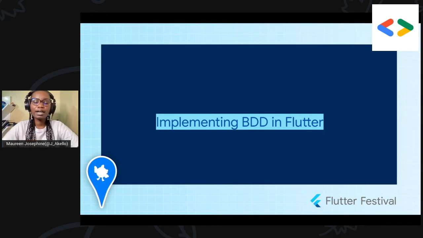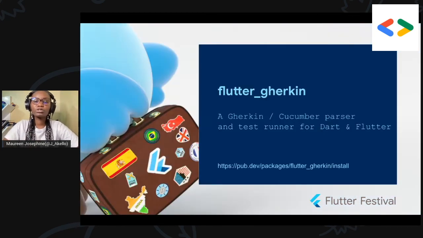However, in Flutter, I'm going to show you how to use Flutter Gherkin to implement the BDD process in a Flutter application, to achieve the same thing that you can achieve when writing BDD tests in any other application, such as a Java, JavaScript, or even Python application.